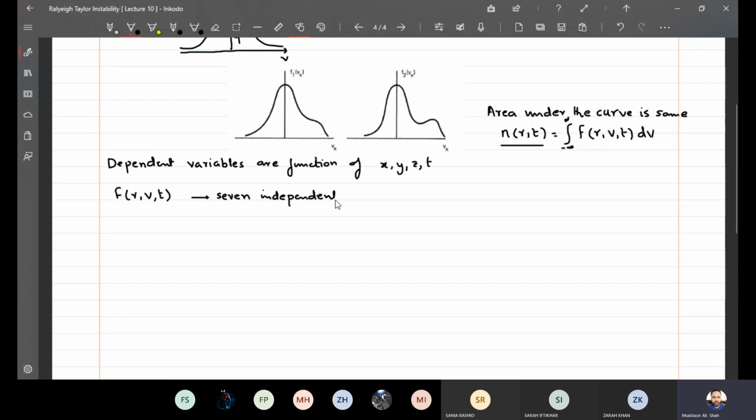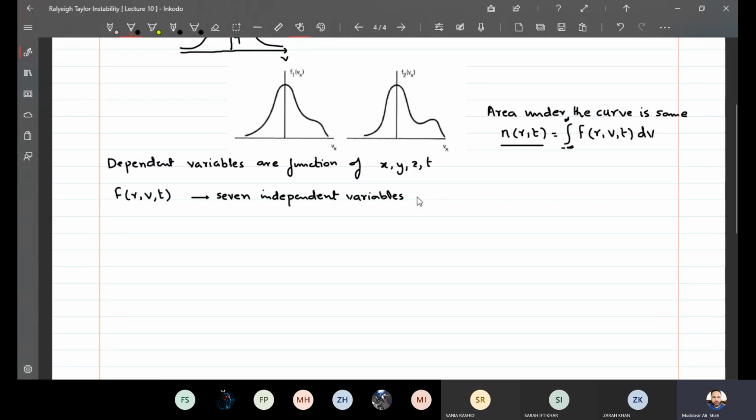So you can see that we have increased the number of independent variables to define our system. You can say that kinetic theory is more accurate than the fluid theory, because it will cater to all the important terms, or all the important variables that are left out by the fluid theory.